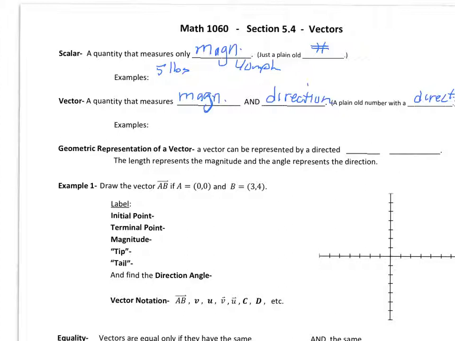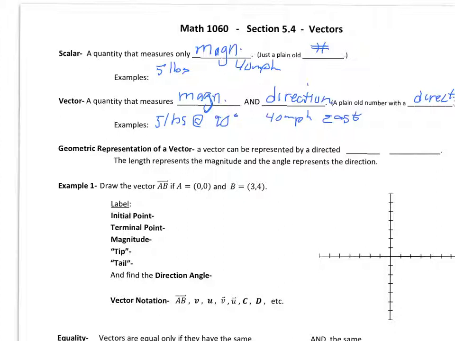To go with our other examples, we could have 5 pounds at, I don't know, 90 degrees or something like that. We could have 40 miles per hour going east.